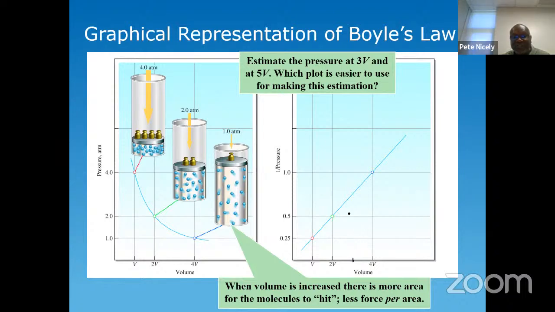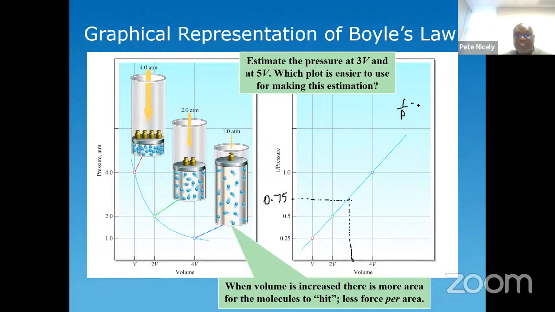So all you have to do is just draw a vertical line, and I'm going to do my best in doing that. So that's 3V, and then you draw a horizontal line to intersect with that. So this looks like about, I don't know, 0.75, and that would be equal to 1 over P.